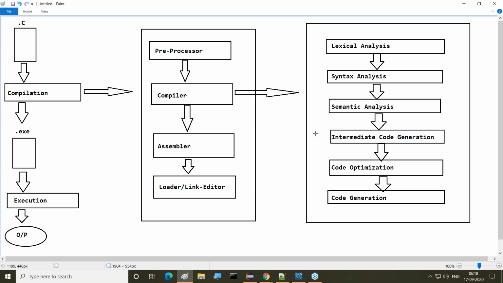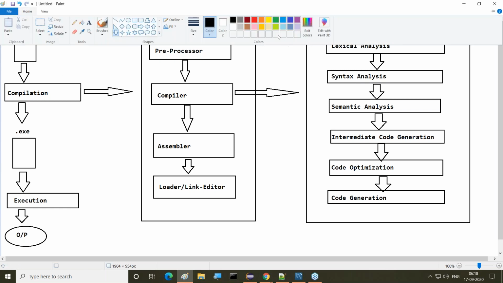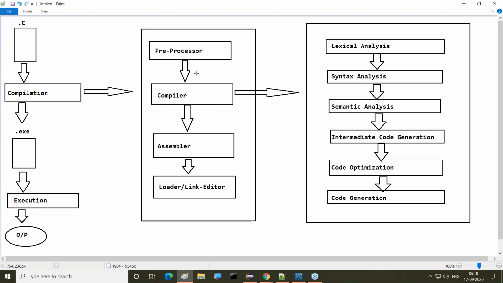It was confirmed in the diagram where it is: the pre-processing phase and the preprocessor are part of the compilation only. So this is part of the compilation.